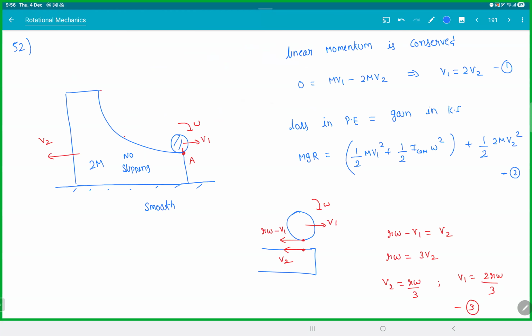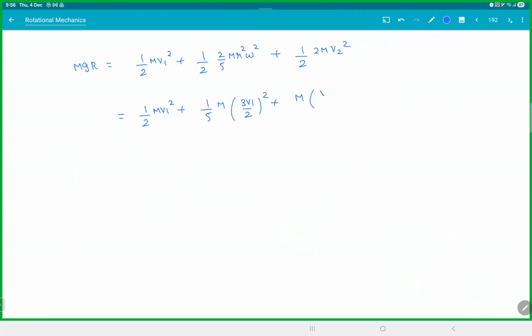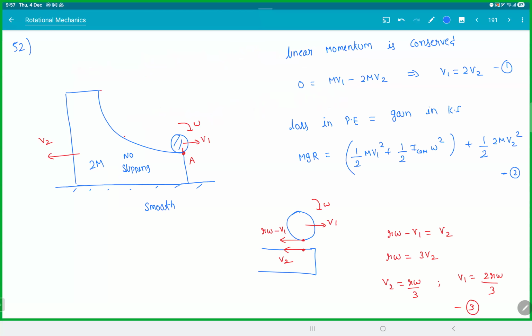And v2 is nothing but v1 by 2. There, you got everything solved. You'll get v1 from here. Clear? I don't think you'll get any good number though.